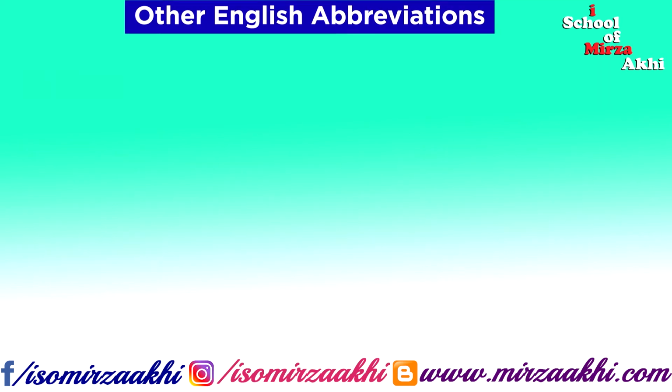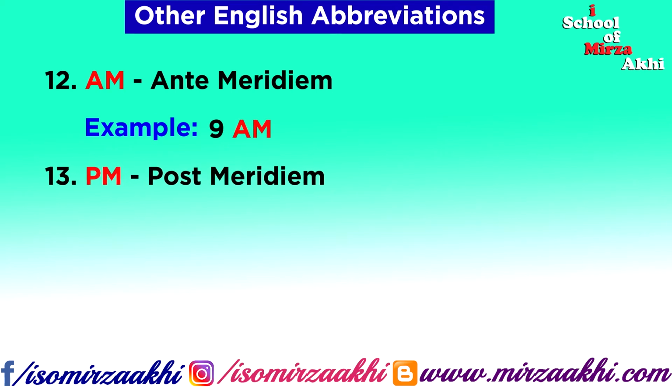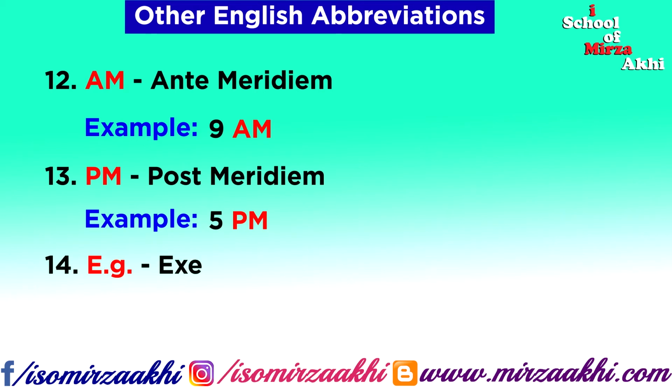Other English abbreviations: AM, anti-meridian. Example: 9 AM. PM, post-meridian. Example: 5 PM. e.g., exempli gratia.